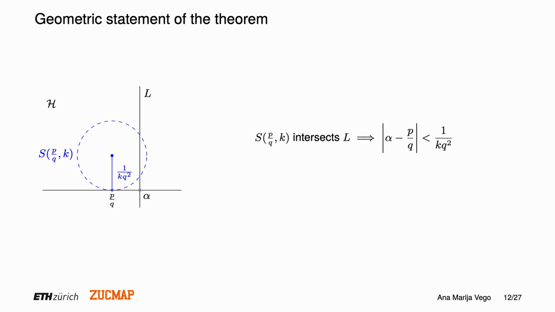The idea of this construction is that if the circle S, which is blue in this case, intersects the line L, then the distance between alpha and p over q is smaller than 1 over k times q squared. Okay? So that's how you can think of the problem geometrically, and you can prove the entire statement geometrically too.